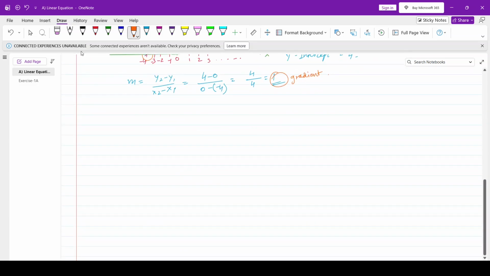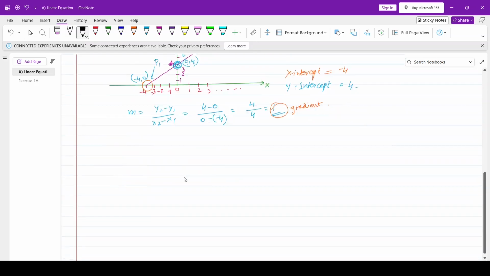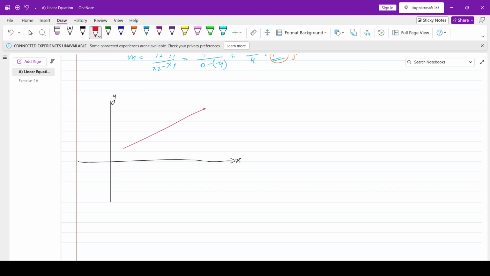Now, when we say a line, we can also have its perpendicular line. So for example, let's consider another example. Suppose we have this x and y axis, and we have a line here.